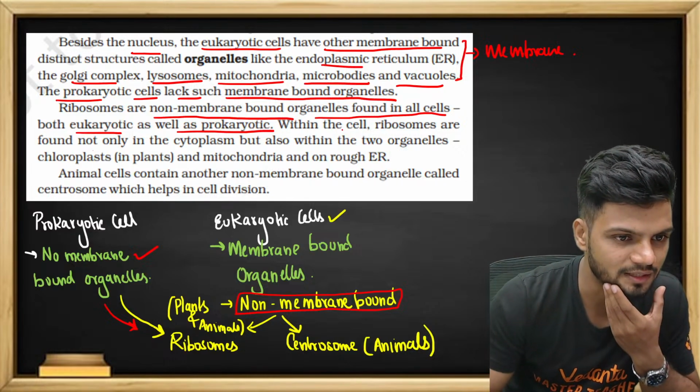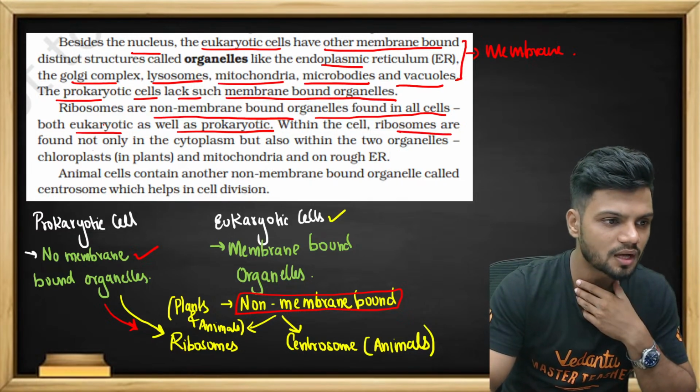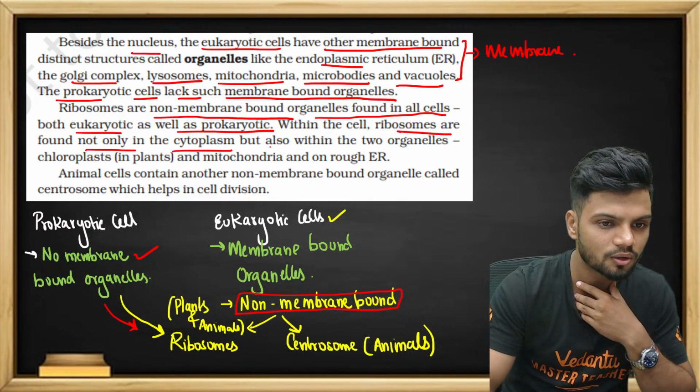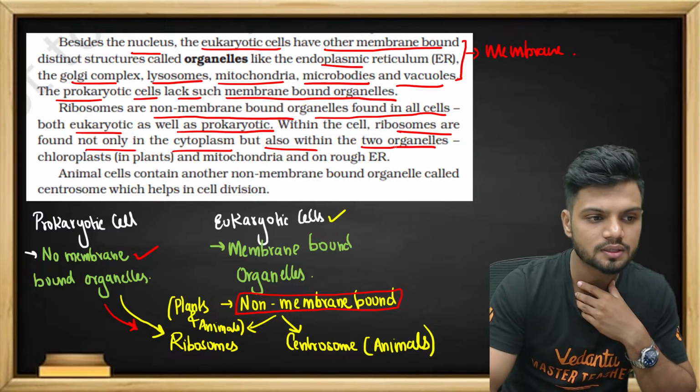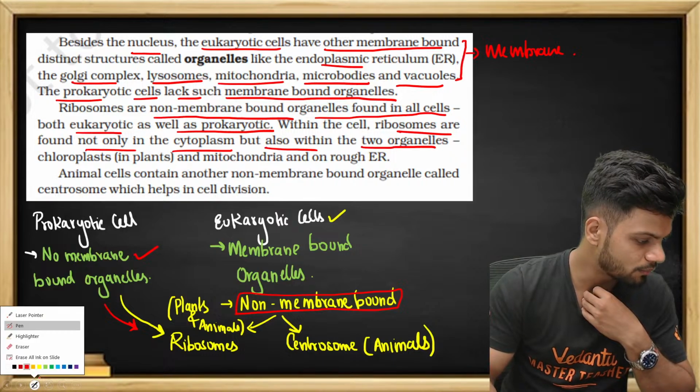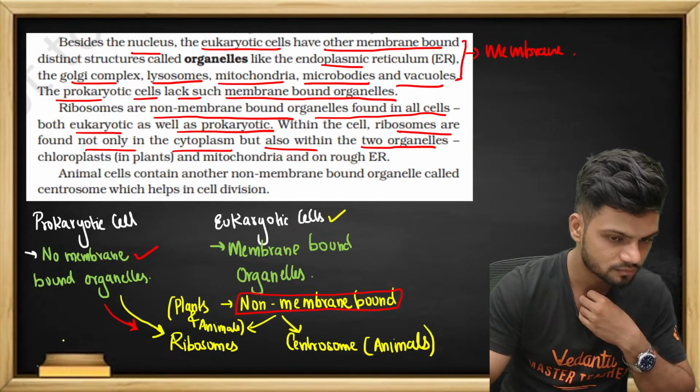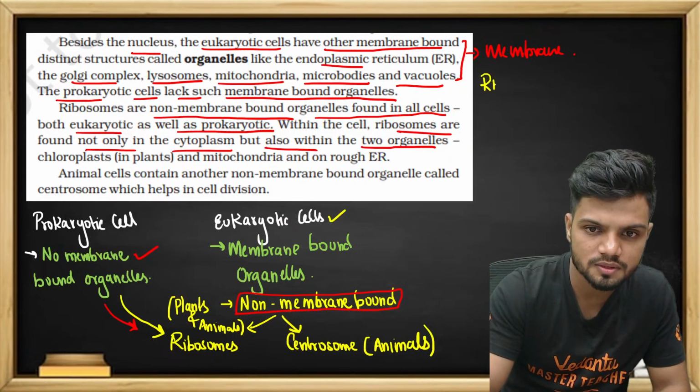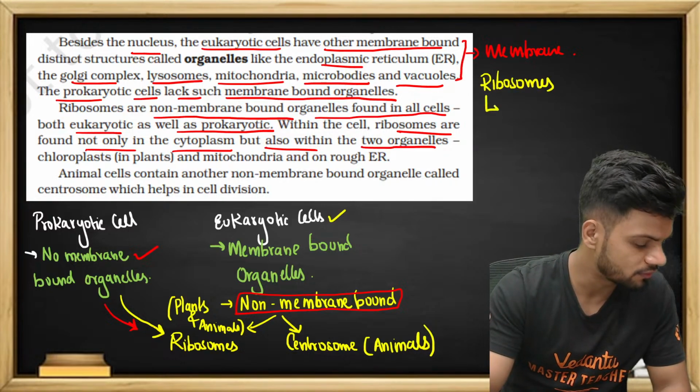Within the cell, ribosomes are not found only in the cytoplasm, but also in two organelles. Where do you find ribosomes, students? Ribosomes can be found in the cytoplasm.